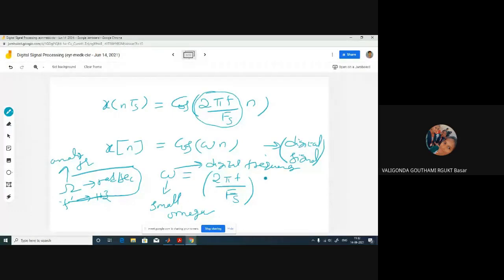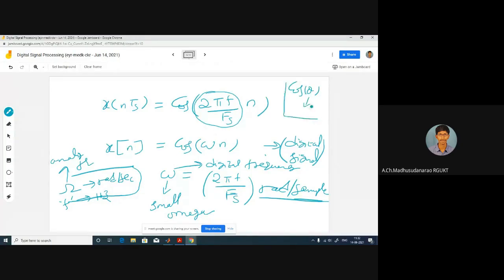Radians per sample. The reason is, if I have cos theta, theta has units of radians. Omega n is in radians, and omega is in radians per sample. Radians per sample is the digital frequency.